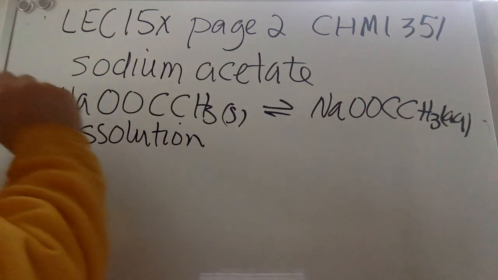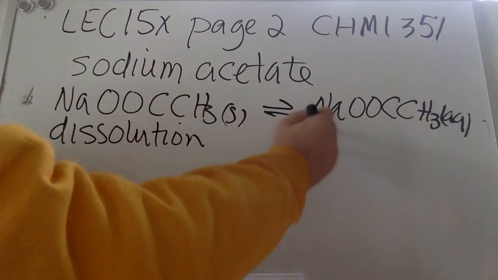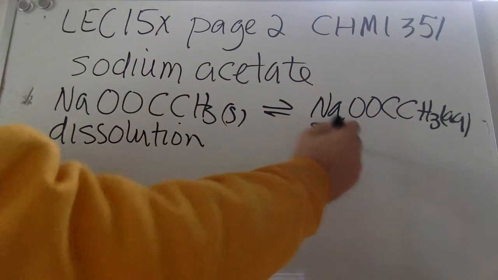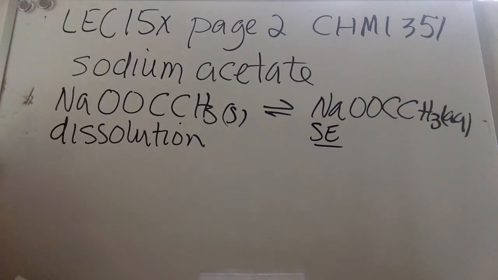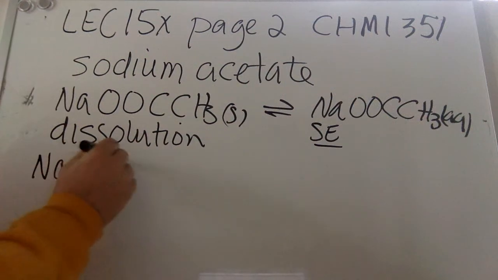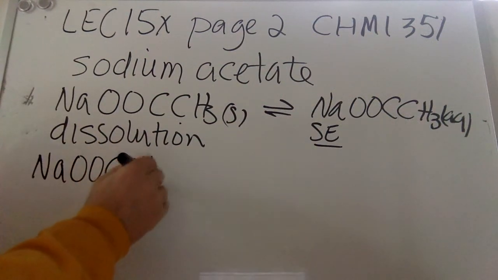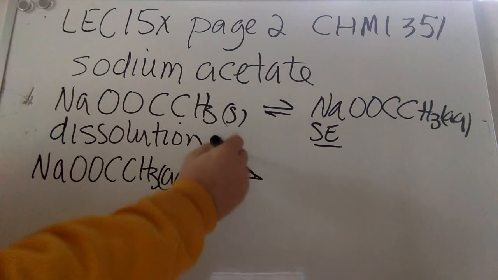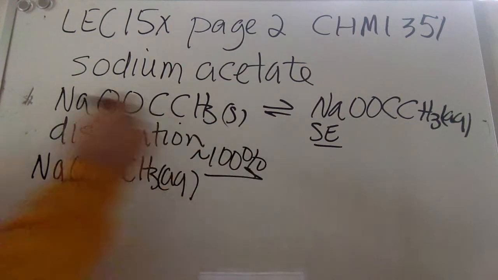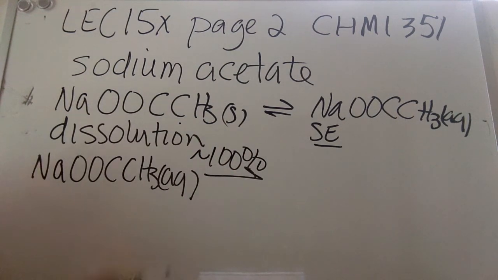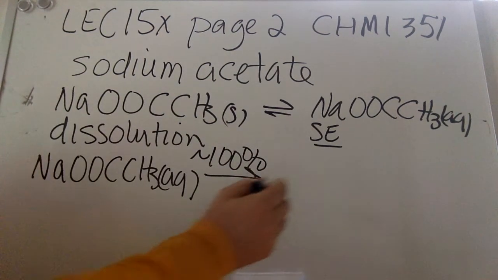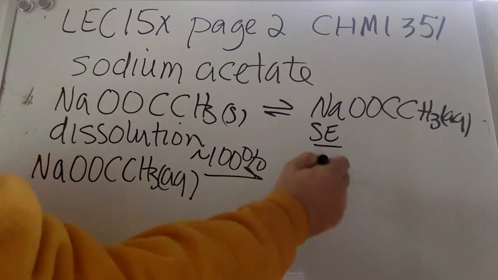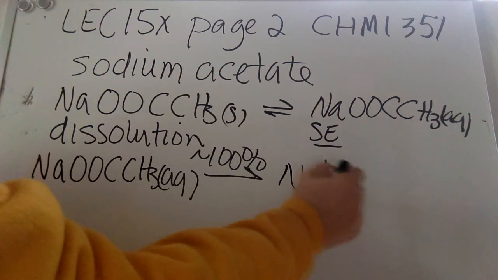Since the sodium acetate is a strong electrolyte, let's look at that modeling where it dissociates completely, is what we assume. So I've got sodium acetate, aquated species, completely dissociates 100%, is what we assume for all sodium water soluble salts, and we get sodium ion and the acetate ion.